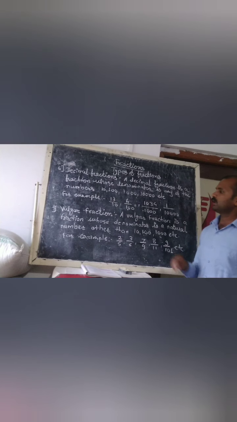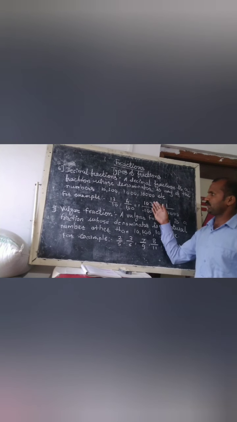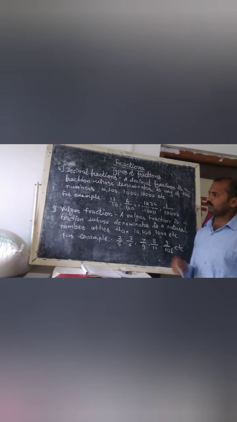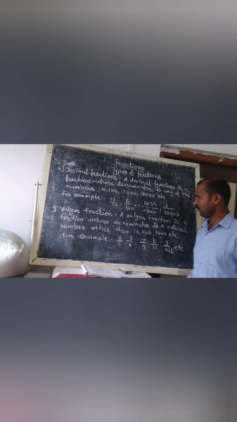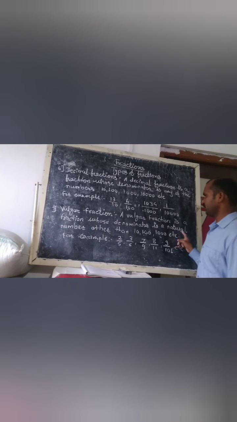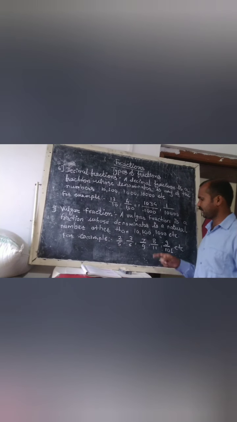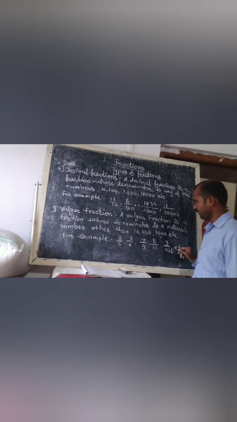Then the next type, opposite of decimal fraction, is called vulgar fraction. A vulgar fraction is a fraction whose denominator is a natural number other than 10, 100, 1000, etc. For example, 2 upon 5, 3 upon 6, 7 upon 9, 8 upon 11, 9 upon 101.